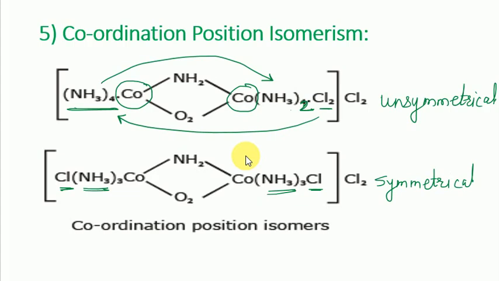A number of examples we can write on the same. For example, the next example: Fe, NH2, it is bridged, and O2 is also here.